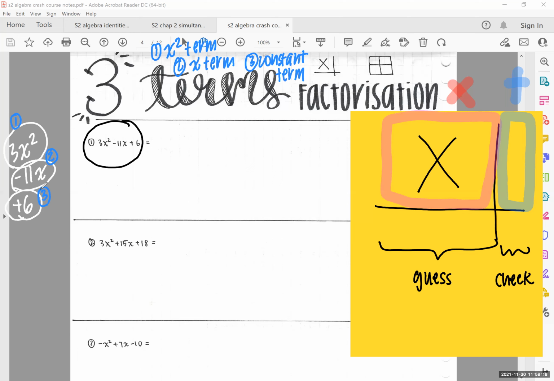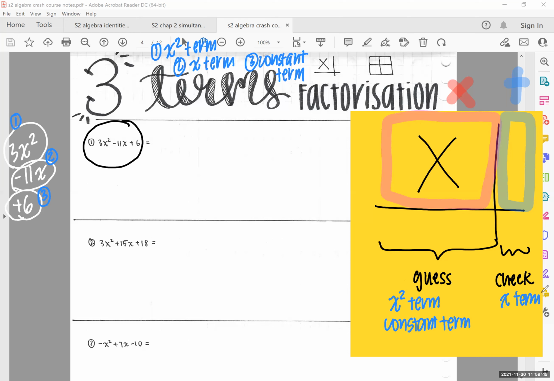Now, where to put the position? Can you see this is the x squared term? So in this zone, it must be your x squared term. Usually, this zone here, we'll put the x squared term and the constant term. Clear so far? Then we will check with the x term.